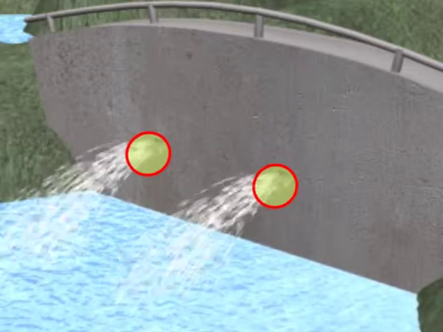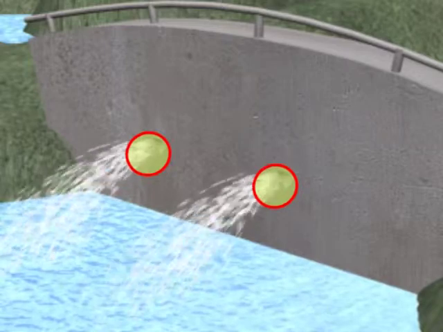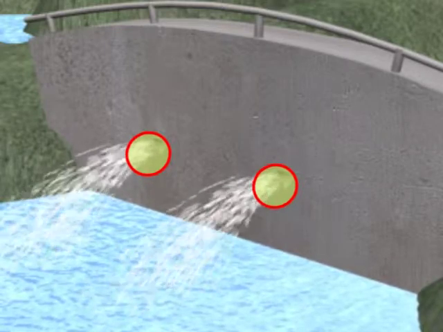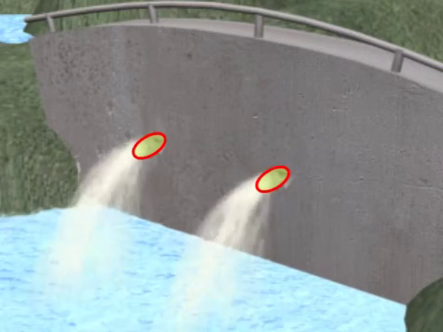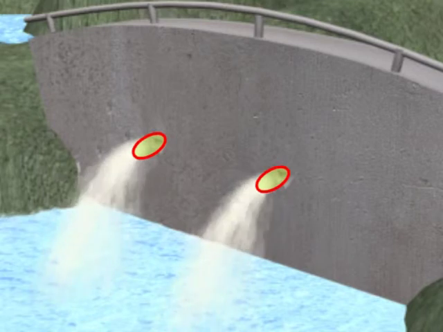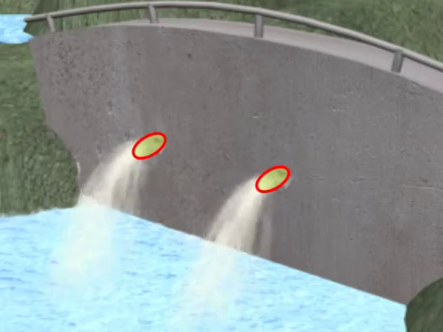If the ring is held normal to the flow of water, the maximum amount of water will flow through the ring. When the ring is held parallel to the water flow, the amount of water flowing will be minimum.